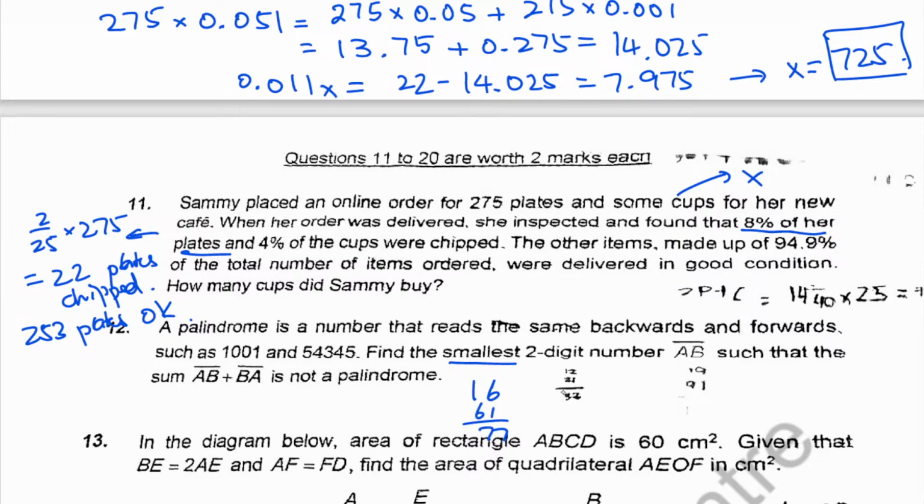And if you don't have any carryovers, then it's just B plus 1 and then B plus 1, right? So this is always a palindrome unless B is equal to 9. Then if you calculate, this is equal to 110. So this is okay. Therefore, our answer for this question is 19.